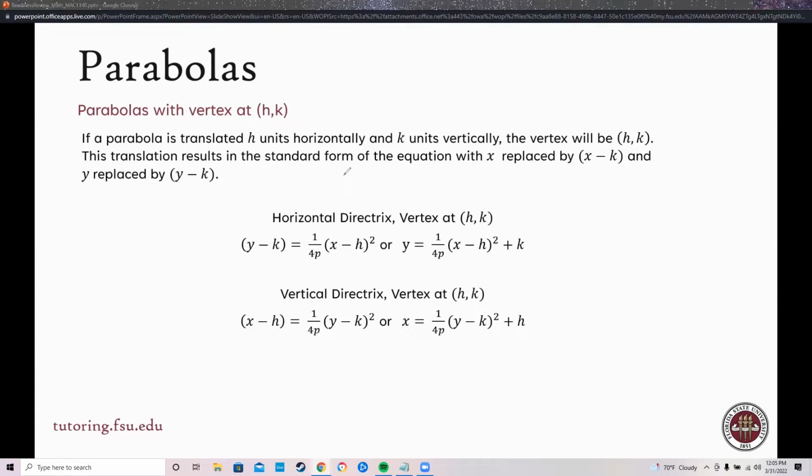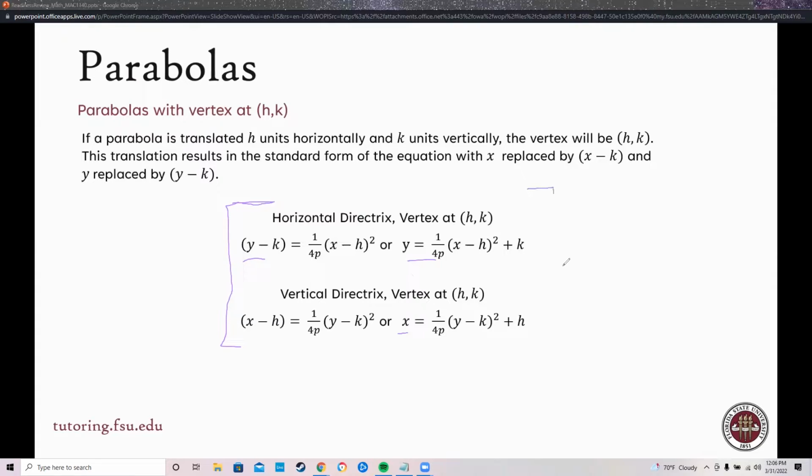So right here we have the horizontal directrix with a vertex at h, k, and this is the vertical directrix with a vertex at h, k. Horizontal because this is in terms of y, and vertical because this is in terms of x. I know that sounds backwards, but if you think about it, that actually makes sense, because the vertical directrix would have points along the x coordinate.